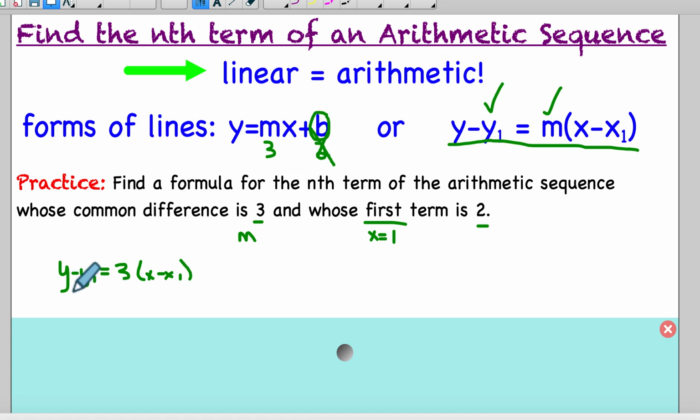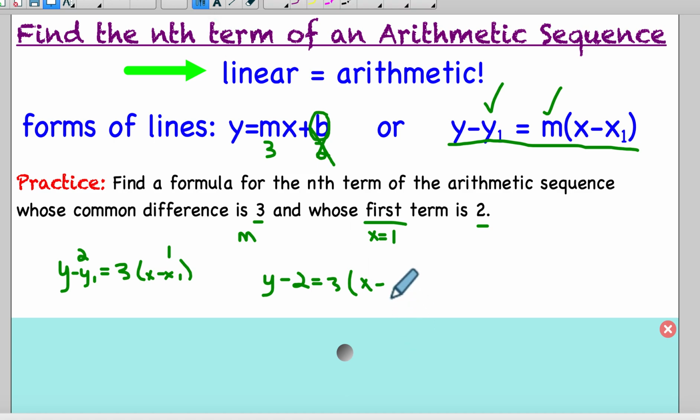And if you remember, y sub 1, x sub 1 is a coordinate point. Well, I know that the first term is my x sub 1, so I can plug in 1 for x. And I know that the value is going to be 2, so that's the y. So my formula could be y minus 2 equals 3 times x minus 1. And that's if it was a line.